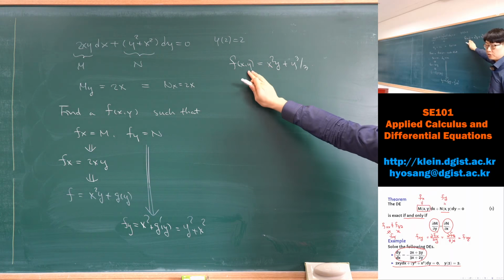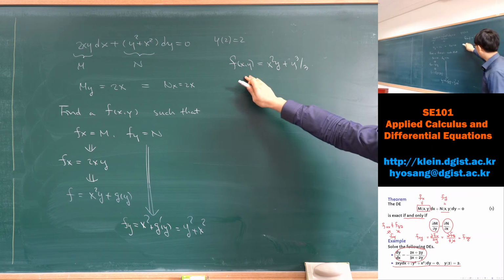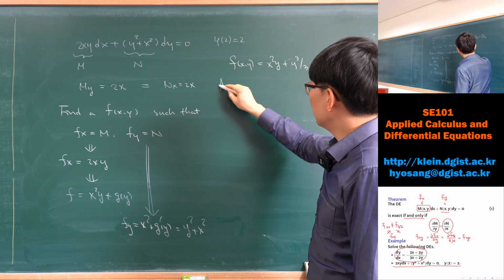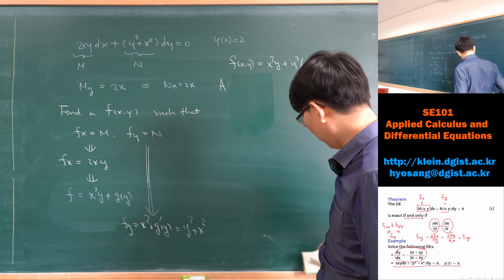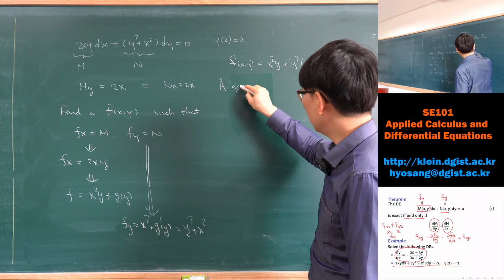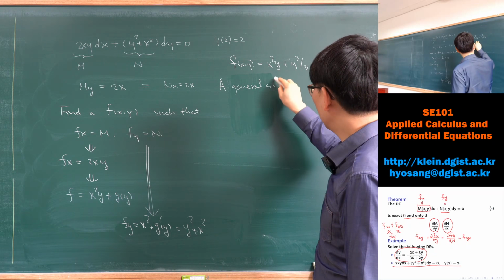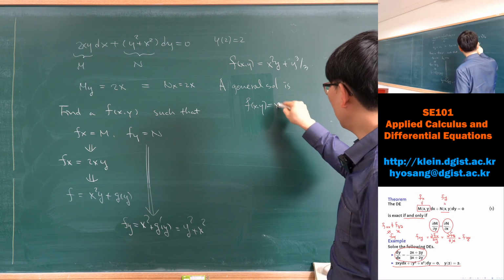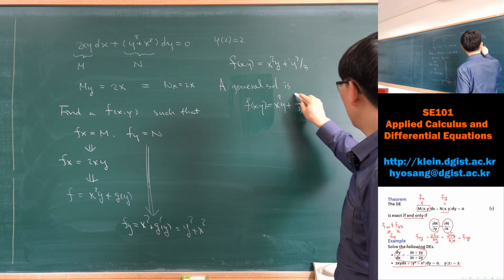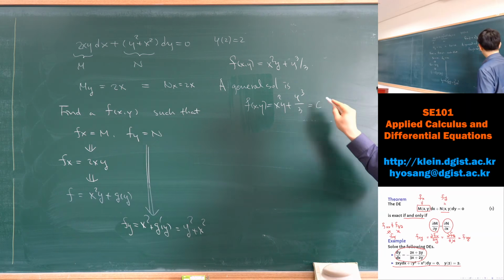This is not a solution yet. This simply says that a general solution to this differential equation is f, which is x squared y plus y cubed over 3, equals c.